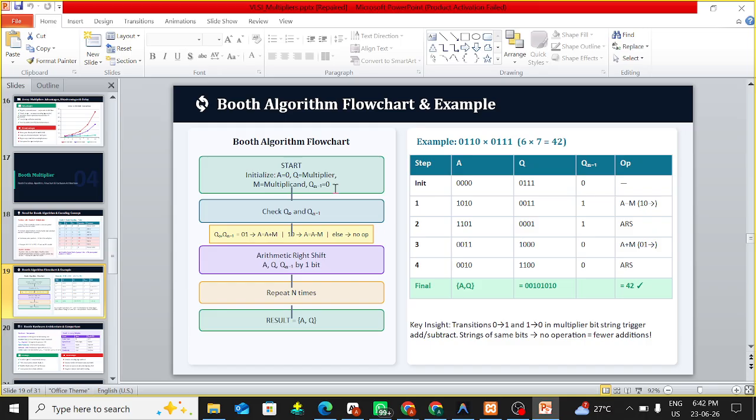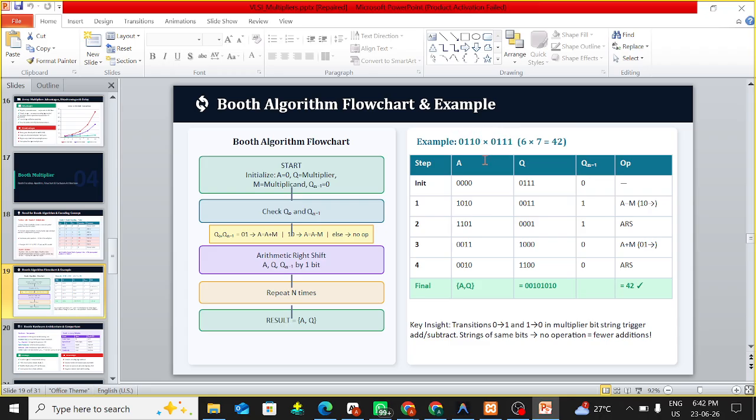After that you are going to do iterations. The iterations are mainly based on the number of your input bits. Now we have four input bits, like A and B: A has 4 bits, B has 4 bits.